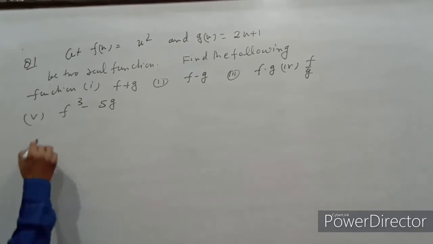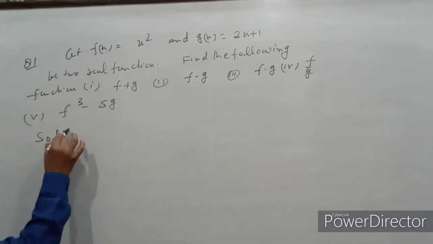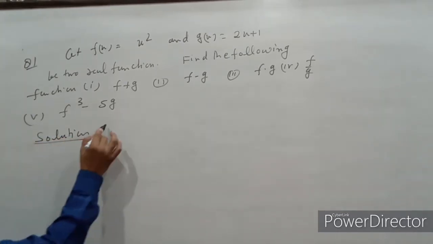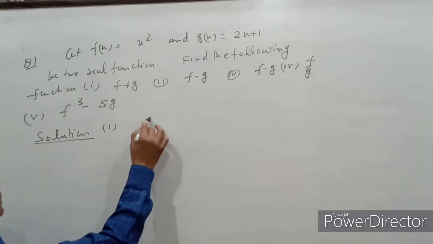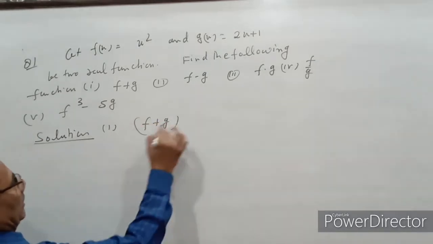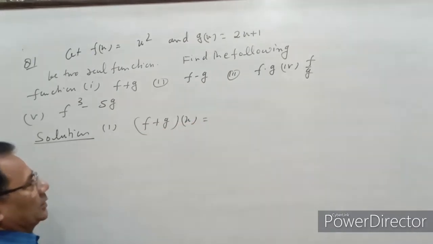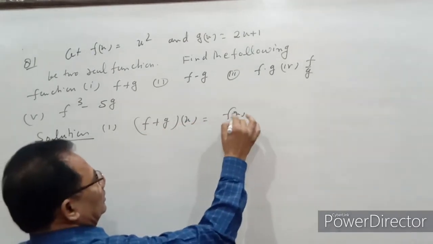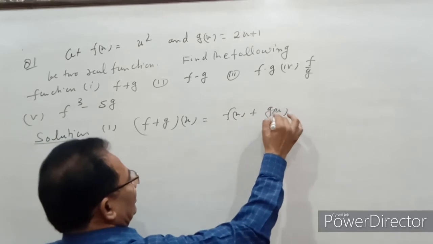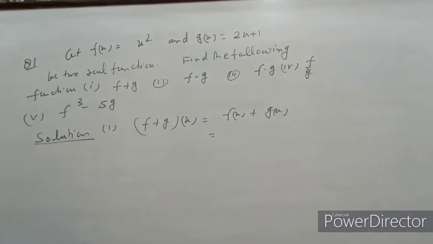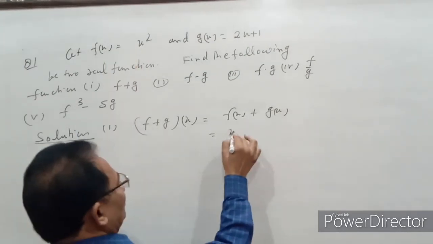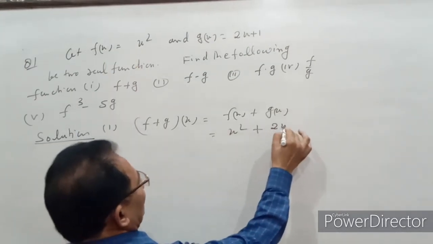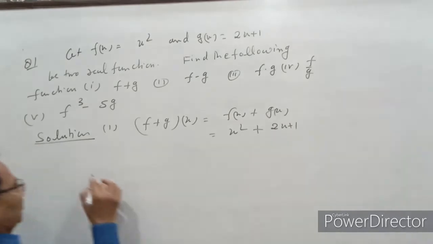The solution: if we find the first part, we get (f plus g)(x) by taking x as any arbitrary element, which is equal to f(x) plus g(x) by the definition of the sum of the two functions, that is x square plus 2x plus 1.